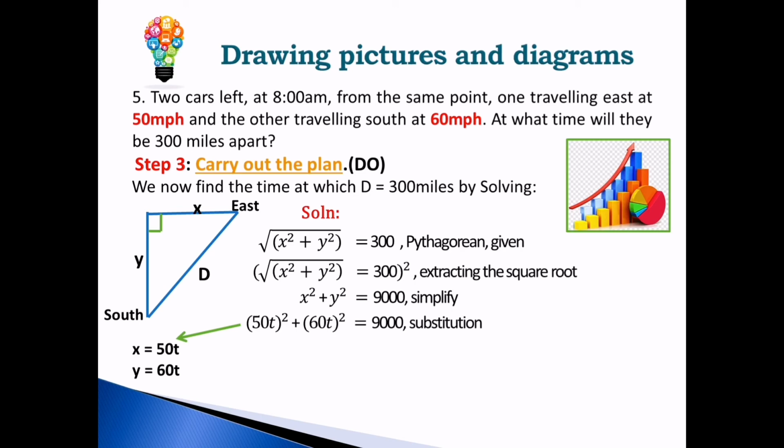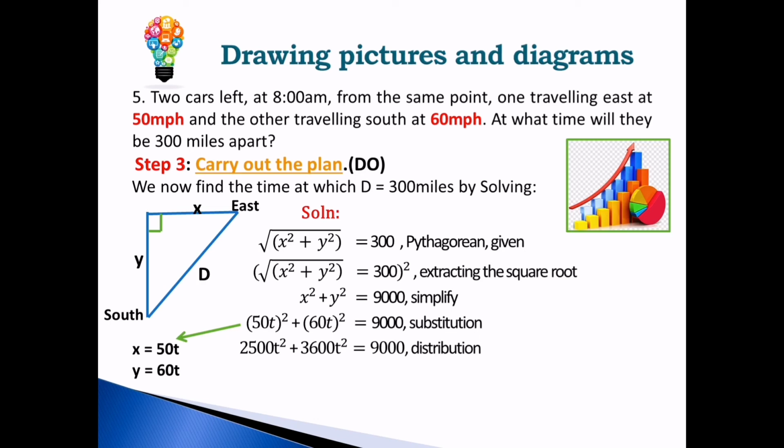Since 50t times 50t gives 2500 t squared, and likewise 3600 t squared, these equal 90,000. Since both terms have the same variable and exponent, we can add them.